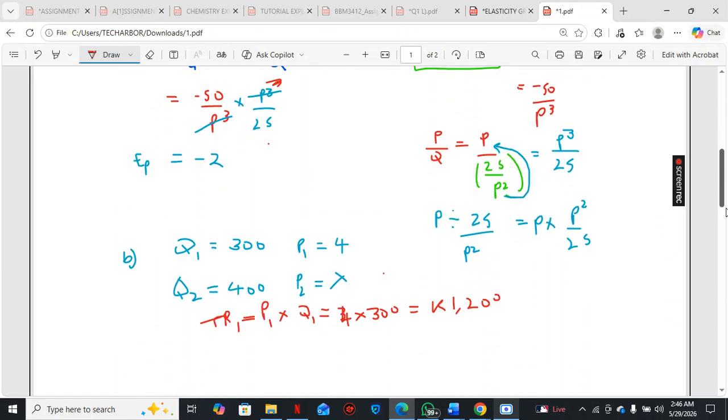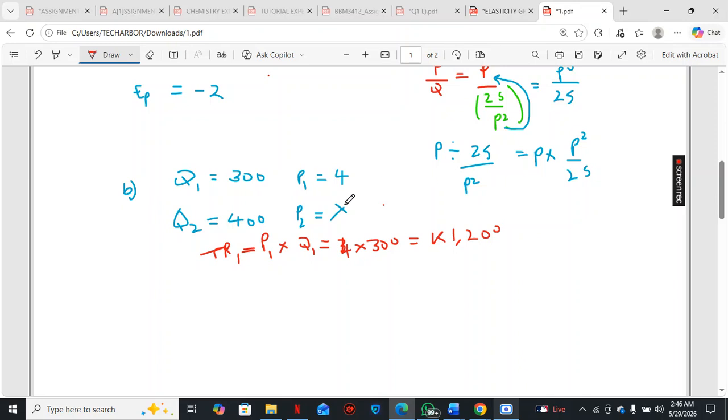So since we're trying to get P2 here, what we need to do is get our new total revenue, TR2. Remember TR2, which is our new total revenue, is our old total revenue minus 400.